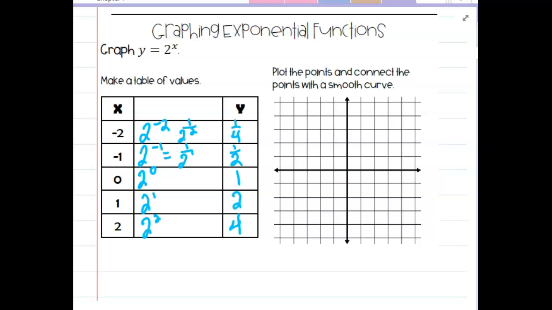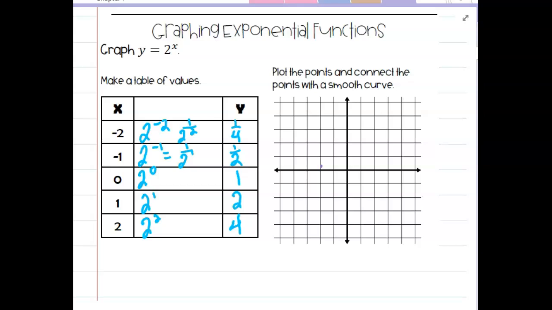Now what I've done here is I've created 5 solutions. When you plug in -2, you get 1/4. -2, 1/4, that's a solution. I could plot that. -2, 1/4, it's just going to be just barely above the x-axis right there. -2, left 2, and up a fourth of a unit, right?